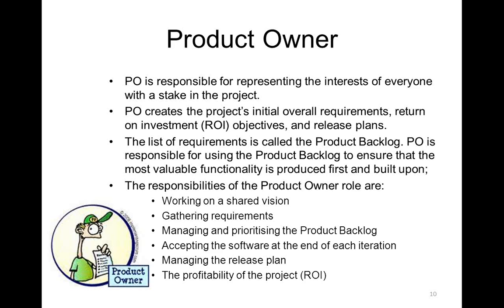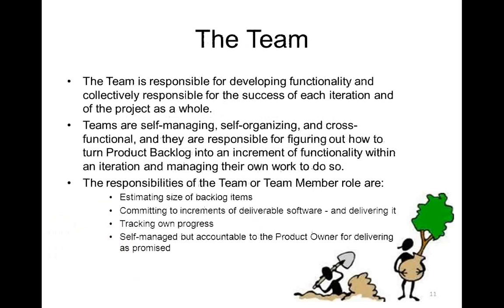And he ensures that the profitability of the project is there, because he is representing all the stakeholders. His first and foremost duty is to ensure that the stakeholders benefit from it. Okay, so that is about the product owner, and then we talk about the team.